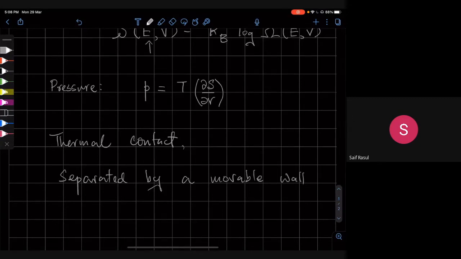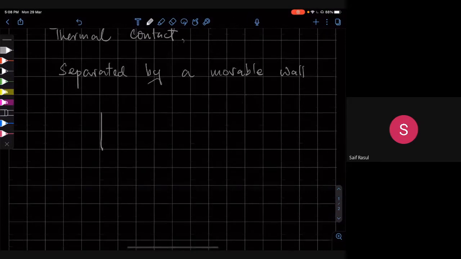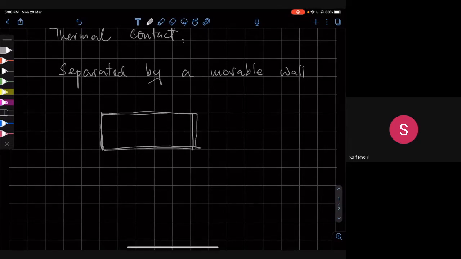So we can imagine we have a thermally insulated container, and inside, we have a dithermal wall. So this wall is dithermal, meaning that heat can go through. And over here, we have a gas which has volume 1, and over here, we have a gas which has volume 2. And this wall can move about, okay? So we start with some initial condition, and then we let it go and let it come to equilibrium.